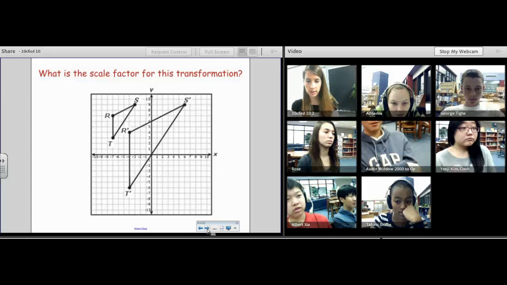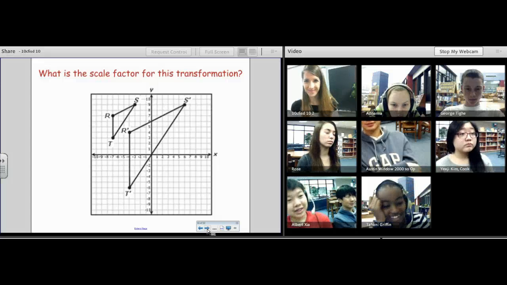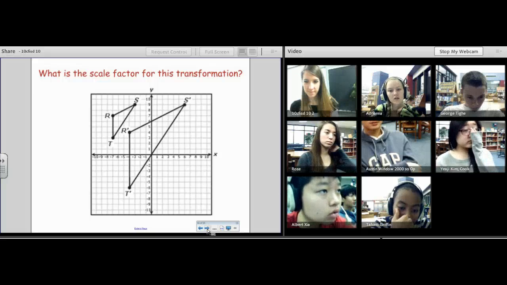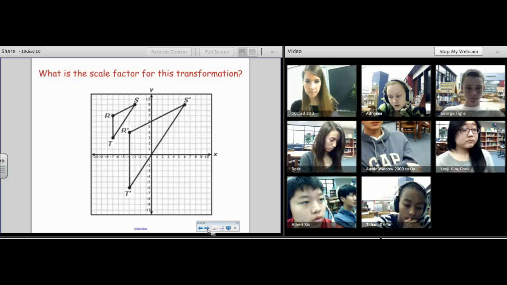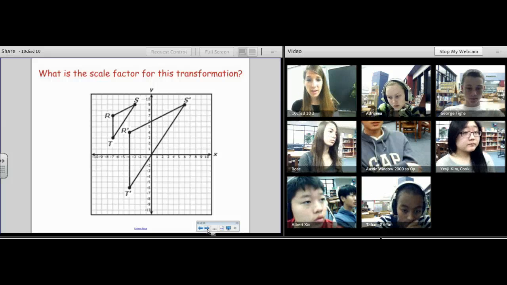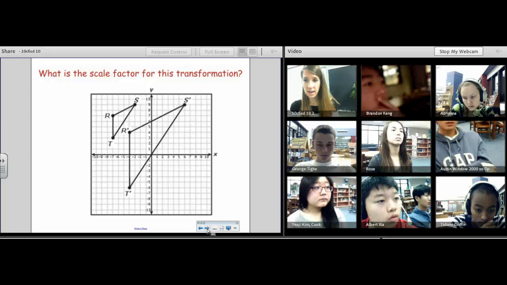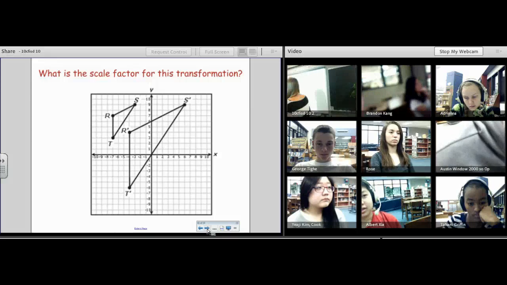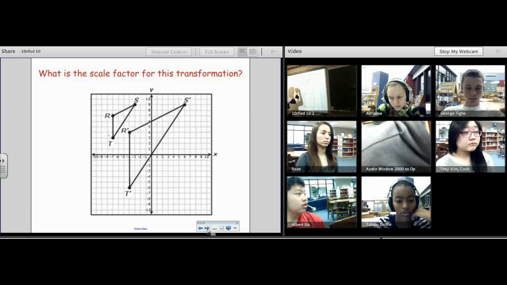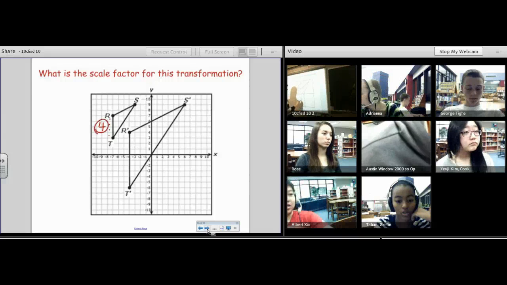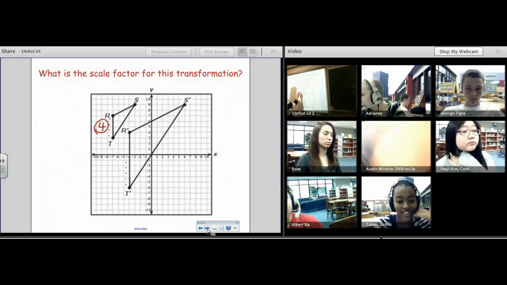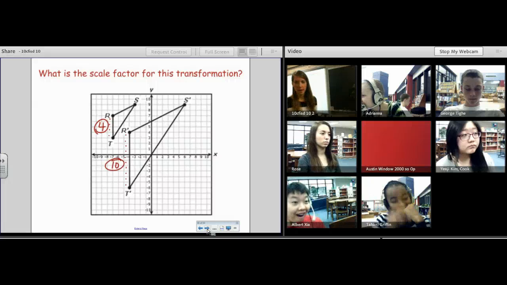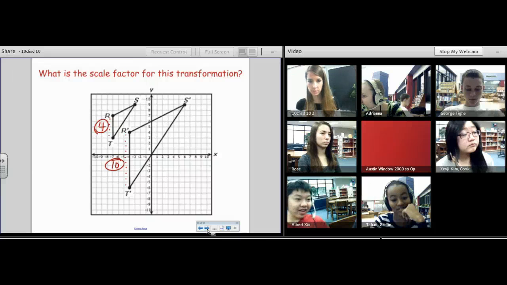Brandon, this one's yours. You got to use RT because you can't count SR and you can't count ST. So you got to use RT. If you needed help counting, it's hard to count on those little squares.